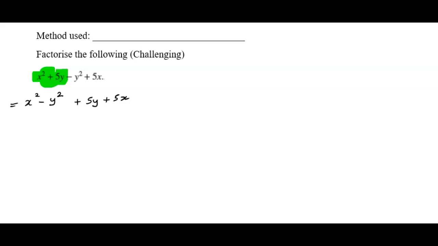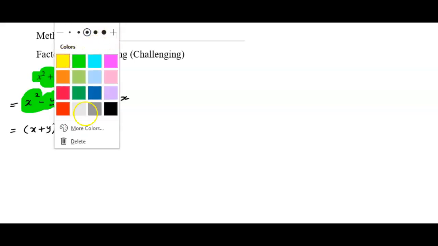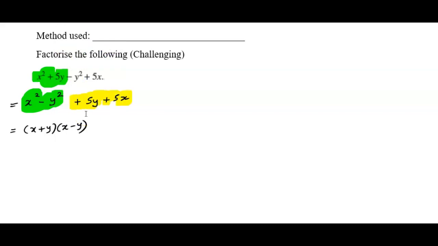So if I think about these first two terms, I know very clearly that they factorize in the format of x plus y times x minus y, so difference of perfect squares. And if I take into account my last two terms, 5y and 5x, and factorize that by taking out the 5, I'm going to be left with y plus x, or x plus y, whichever way you want to write it.